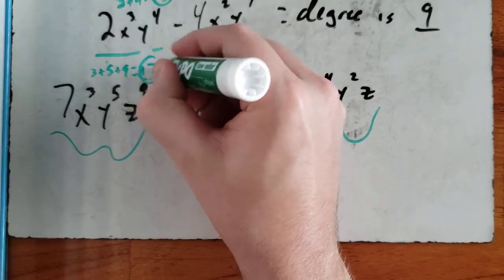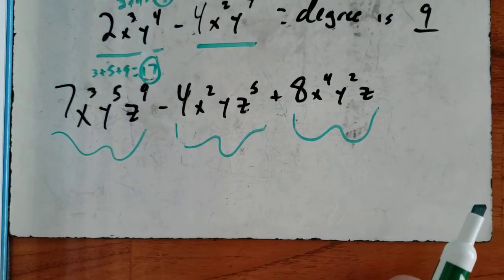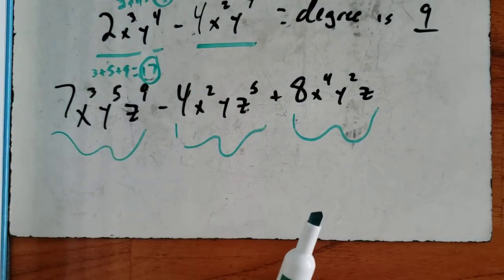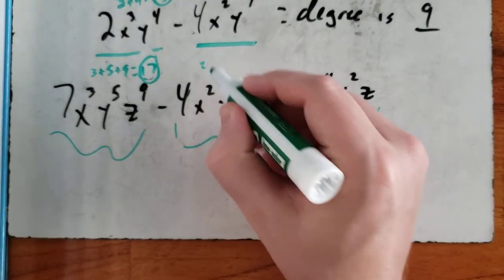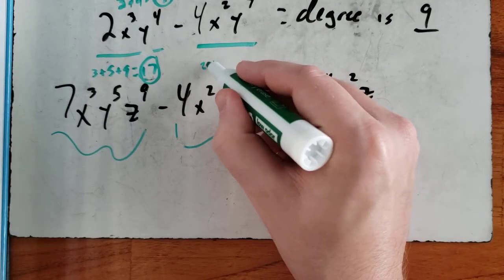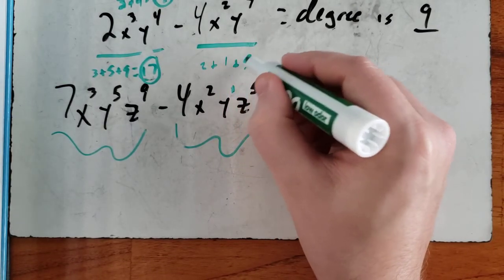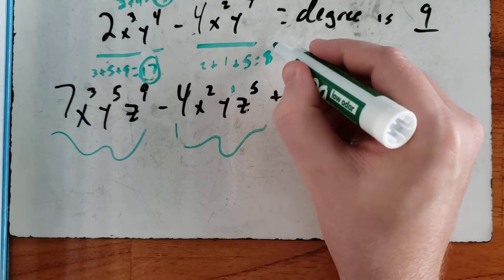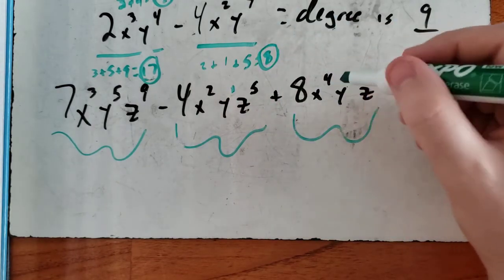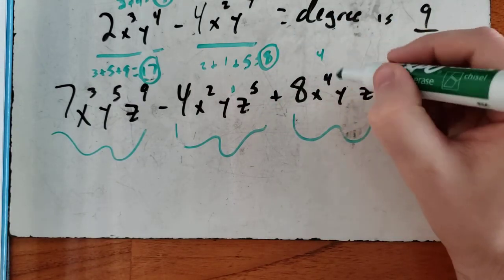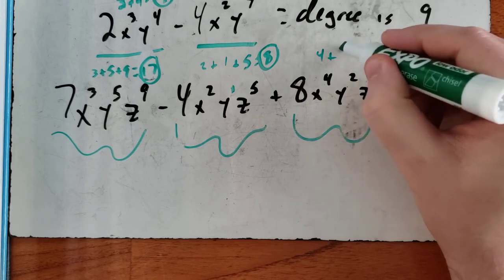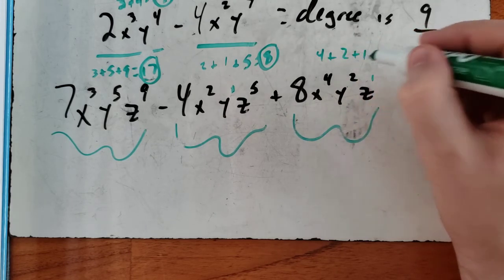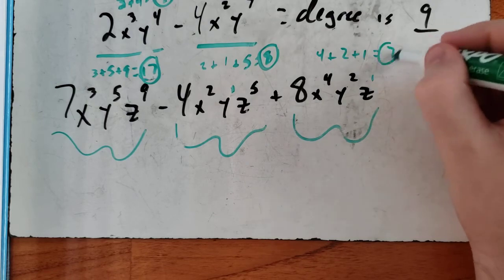That's our total for the first term. Second term, we have 2. Remember, if it's by itself, it's 1. So 2 plus 1 plus 5 is 8. Our third one, we have 4 plus 2, and then remember it's 1 plus 1, and we have 7.